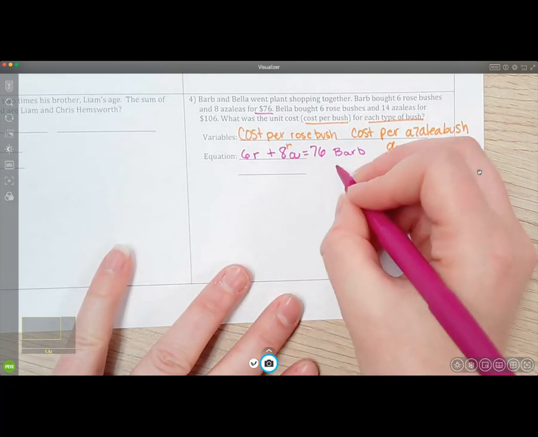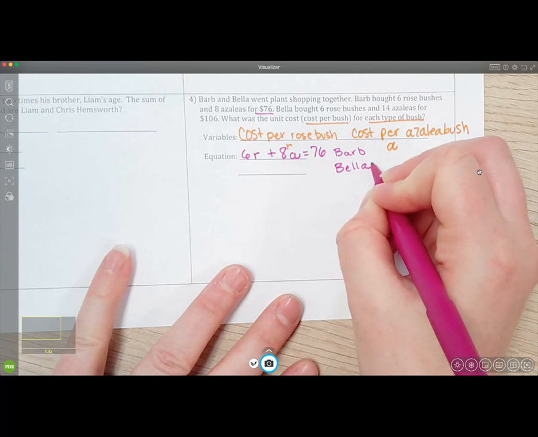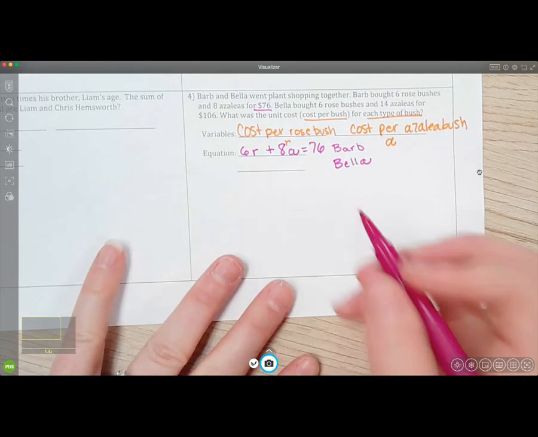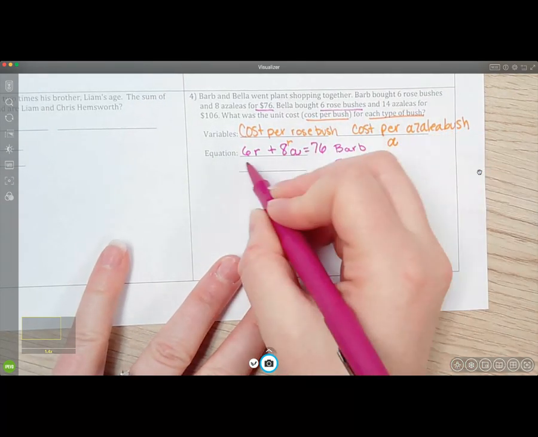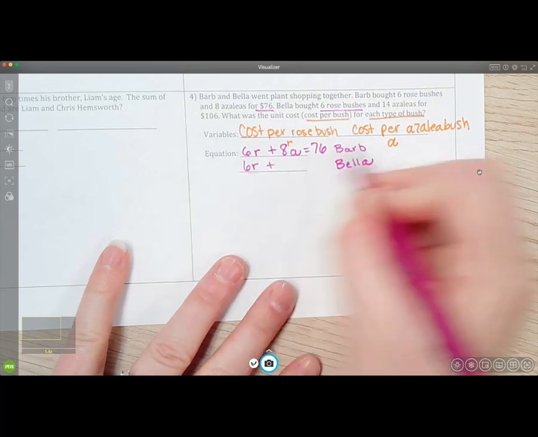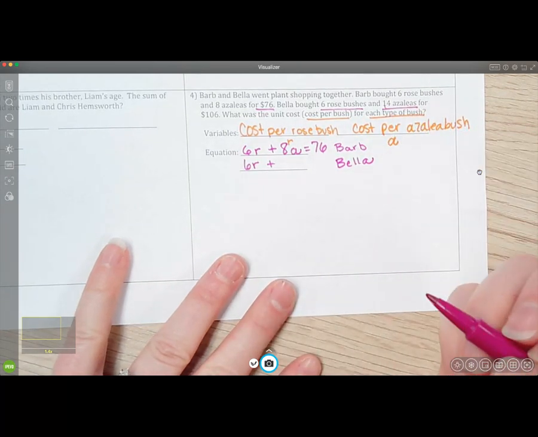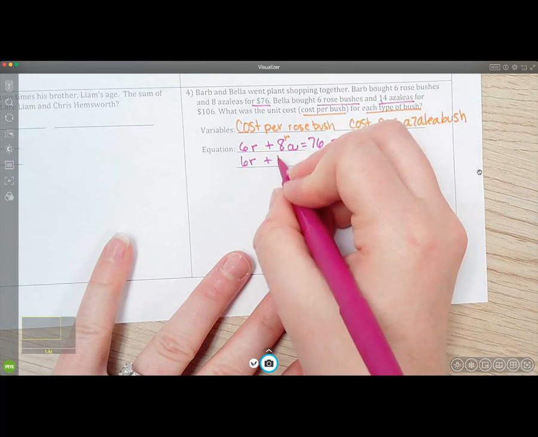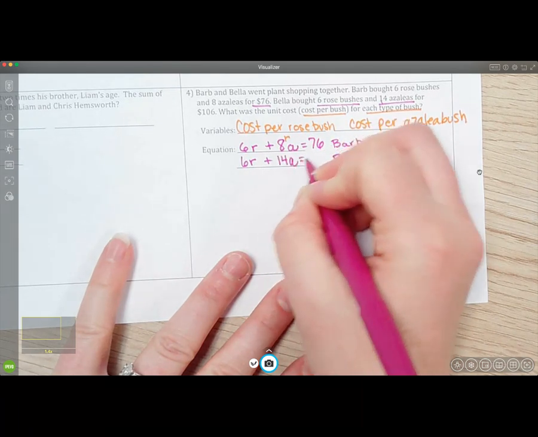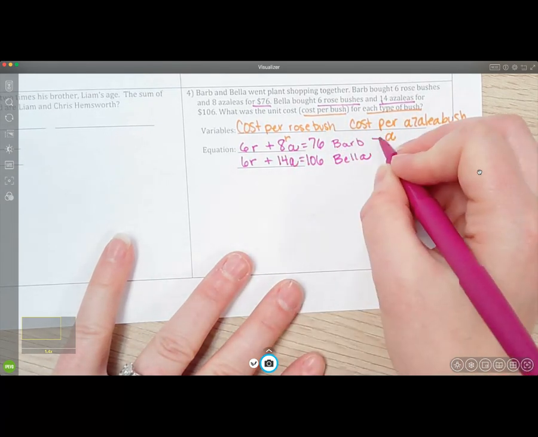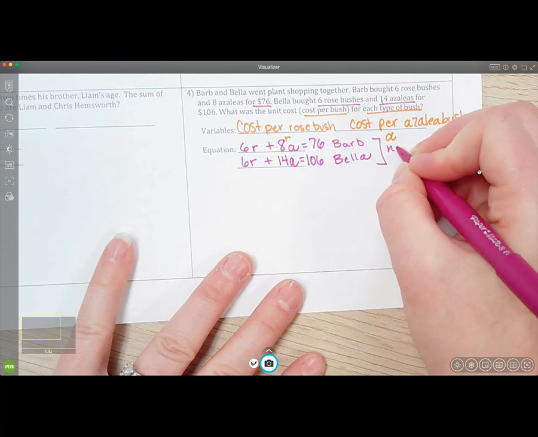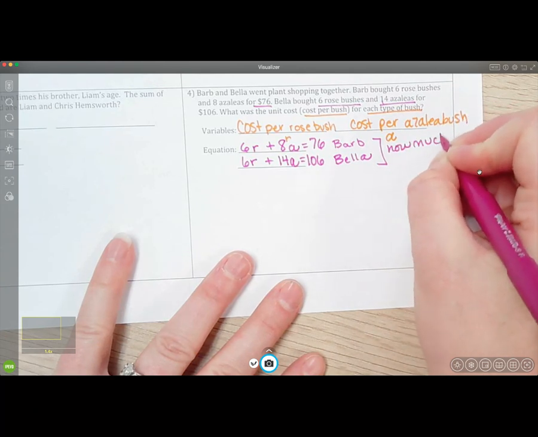Then Bella, she bought 6 rose bushes, so 6R, plus 14 times how much the azaleas cost. She spent $106. So both of these equations deal with how much each spent.